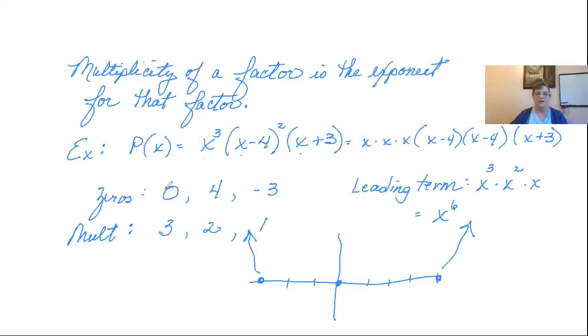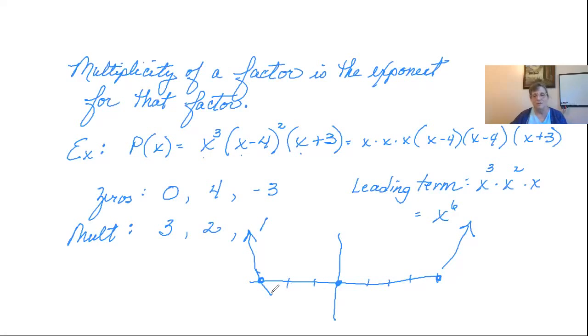So if we go back here, at 0, the multiplicity is 3, so we know the graph goes through the axis there. At negative 3, the multiplicity is 1, so we know the graph goes through the axis there. We know because of the end behavior, it's going to go up forever. So it's going to go through at this point.